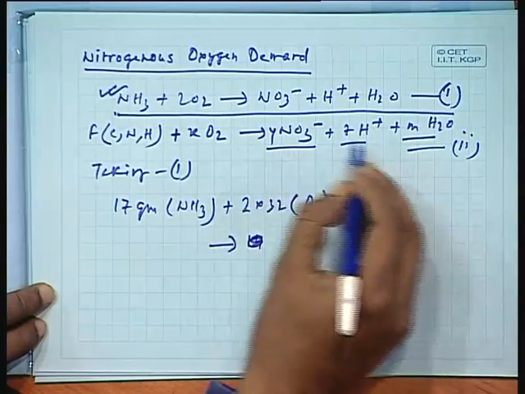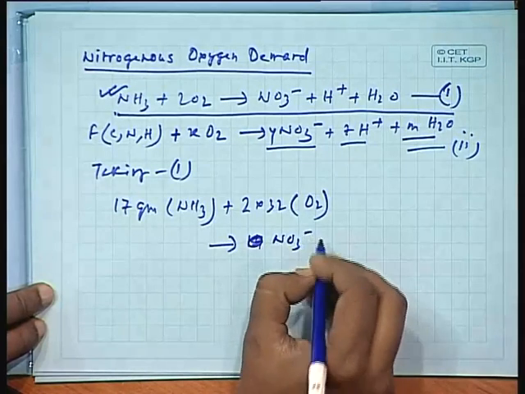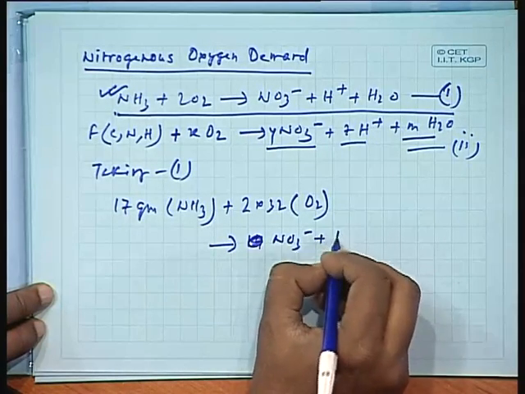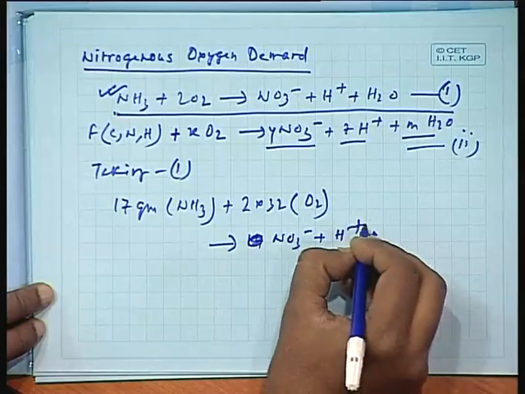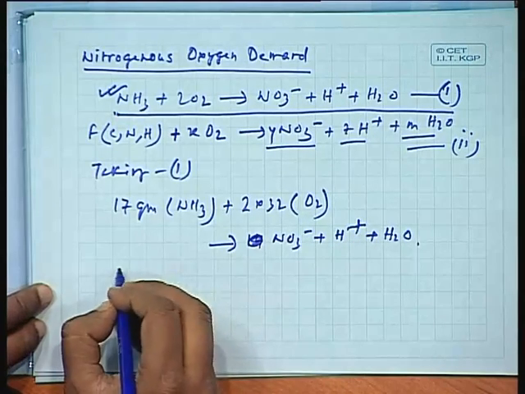This is what the reaction is producing. Here you can see this H plus is in an ionized form, so it is not necessary that we write this reaction here.